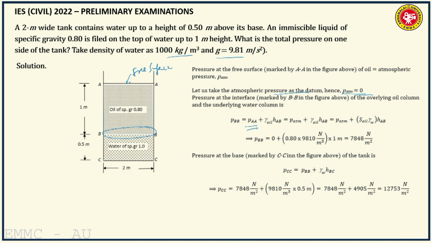So when you are going down, the pressure increases, so plus specific weight of oil multiplied by column of oil, that is 7848 Newton per meter square, that is pressure at the BB. Then pressure at the base, that will be PBB plus pressure due to column of liquid of depth 0.5 meters, that comes to ultimately 12,753 Newton per meter square.